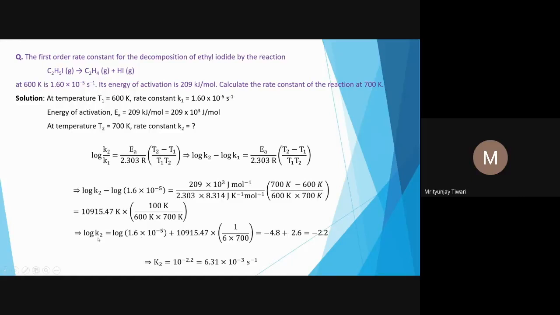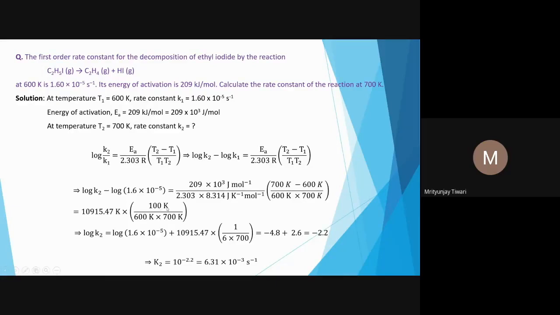So log K2 is equal to log 1.6 into 10 to the power minus 5 plus 10915.47 into 1 divided by this 100 and this 0, this 0 will be cancelled out. So this into this. And so this is what log K2 minus this is.